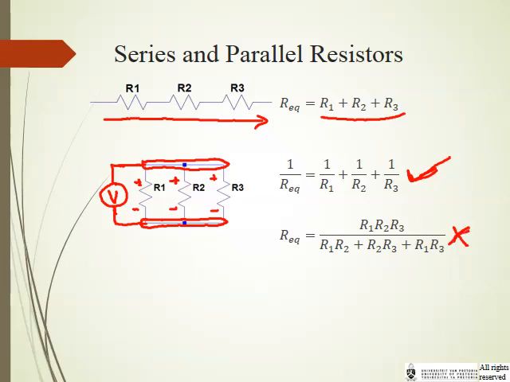So you can memorize that one. But what does come in handy is when you have two resistors in parallel. So perhaps let's do an example on two resistors. I'm going to try and draw it very nice. So it's very handy to know this equation for when you have two resistors in parallel.